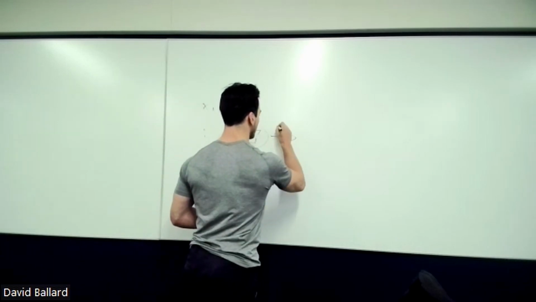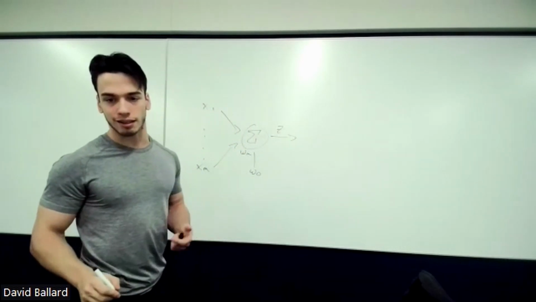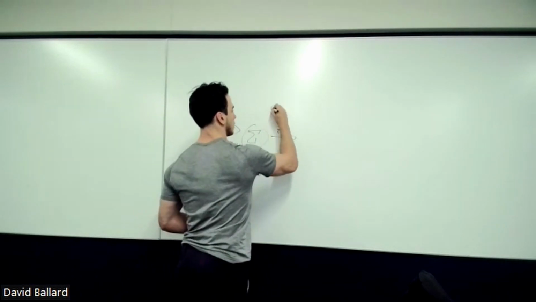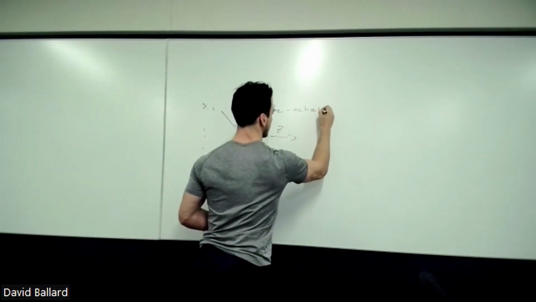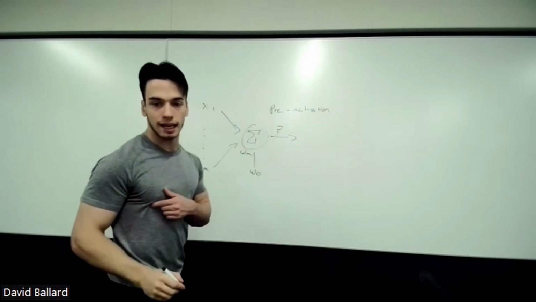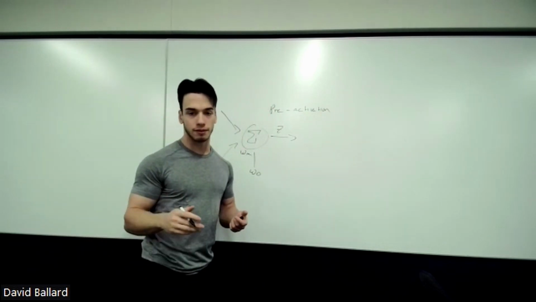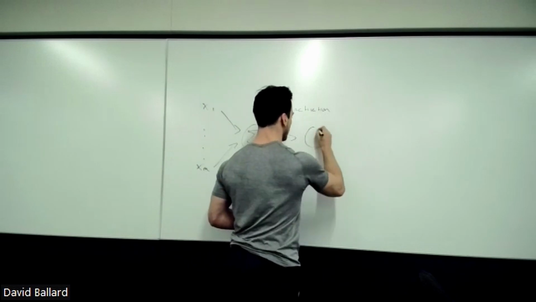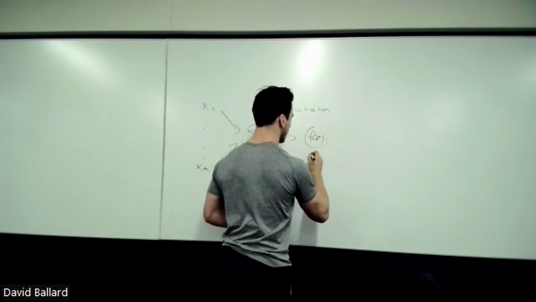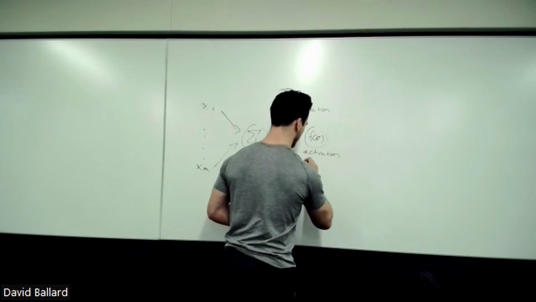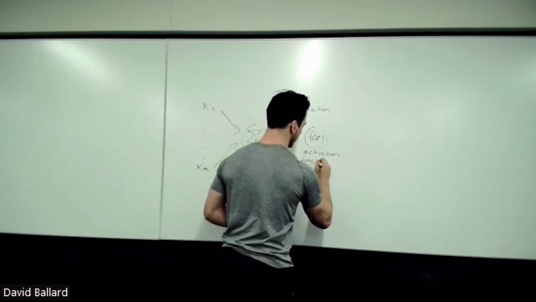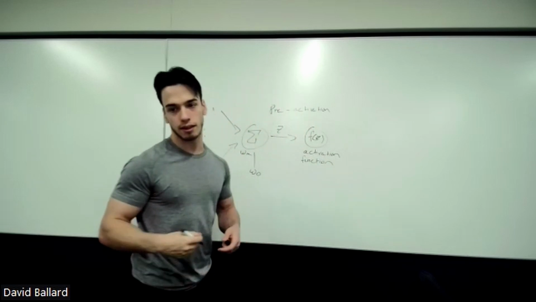The output of the neuron is the pre-activation, Z. And then with the pre-activation, it will enter f of z, which is our activation function. F is really the activation function. F of z, z is the input.